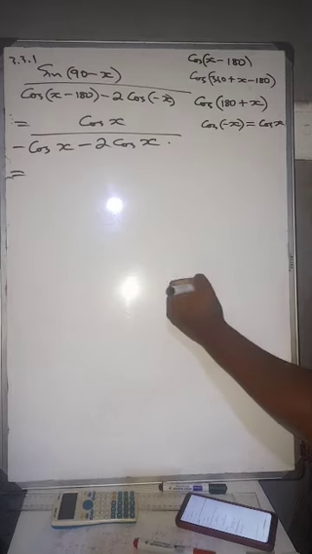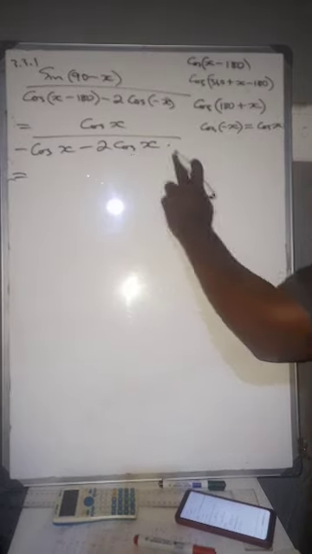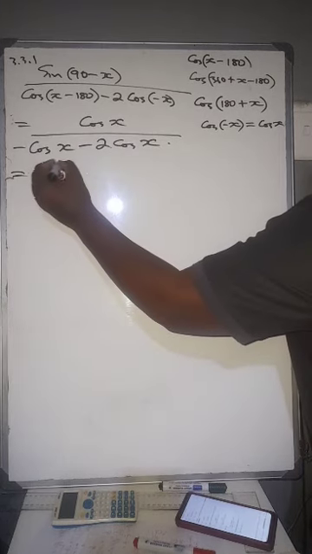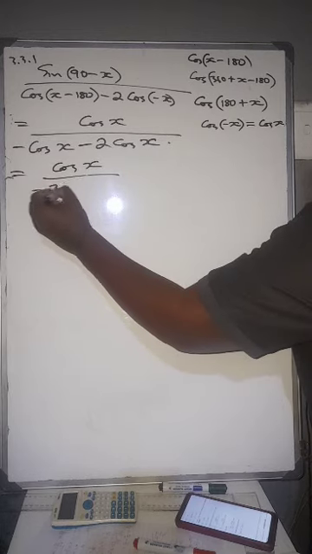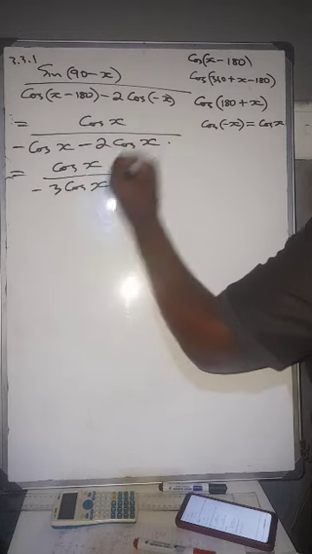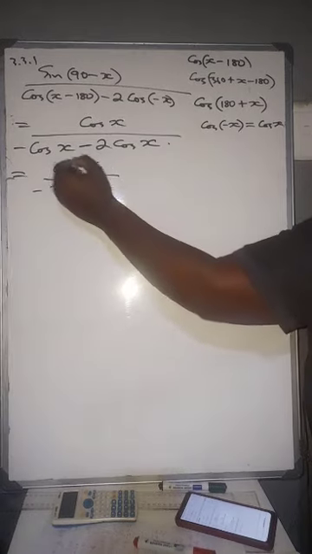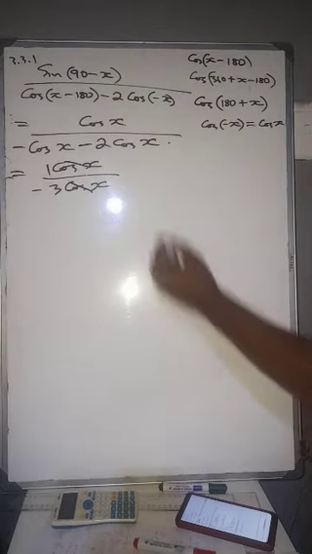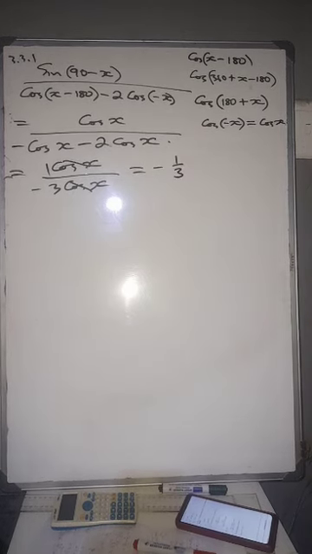This is going to be equal to negative cos x minus 2 cos x. It's just a matter of adding these things. So we have cos x over negative 3 cos x. And then we've got common factors there. Cos x, we are left with a 1, which is the coefficient. So it gives us negative 1 over 3.